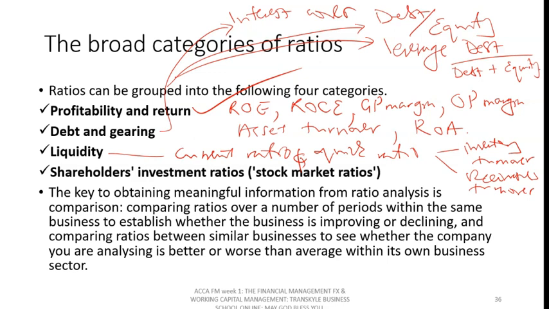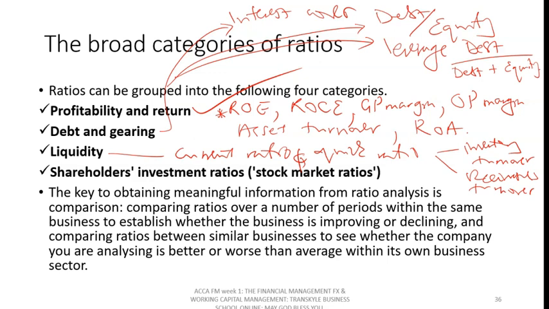Sometimes return on equity is also part of the investment ratios. The dividend yield, I've spoken about that, which is the dividend per share over the market value of a share. And the dividend yield is often problematic.